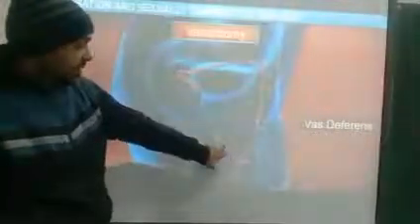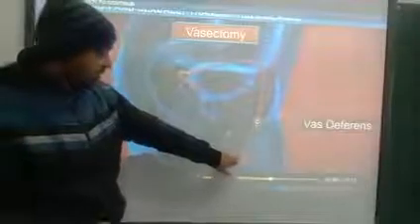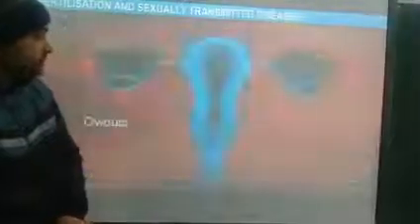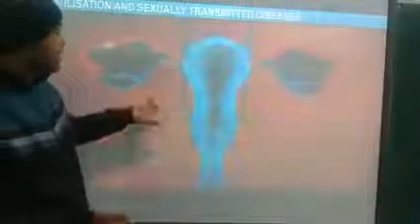The vas deferens is blocked to prevent the passage of sperm, known as vasectomy. See, this is cut and tied, so there is no chance of movement of the sperm through the vas deferens. In females, the oviduct is blocked to prevent the passage of eggs.